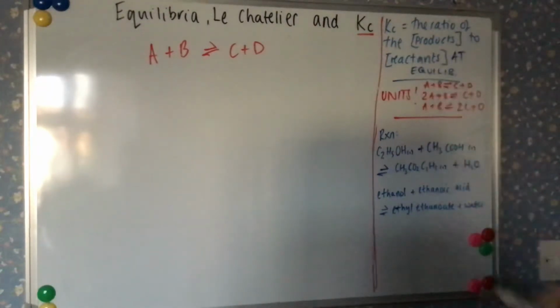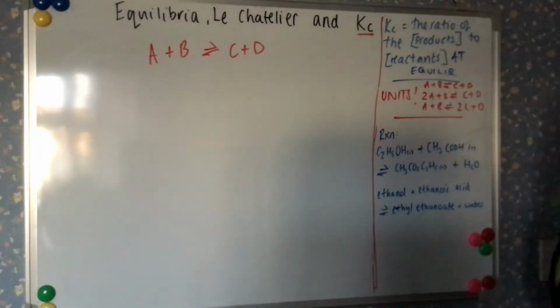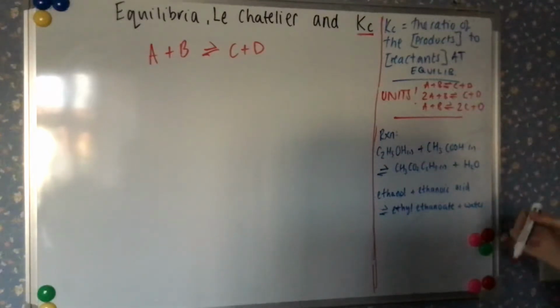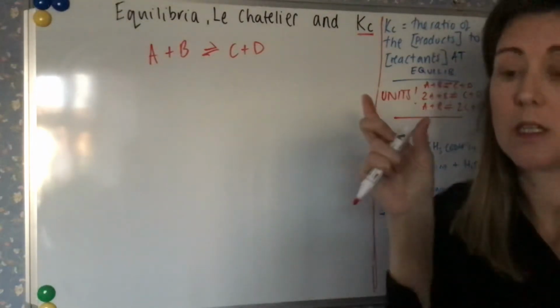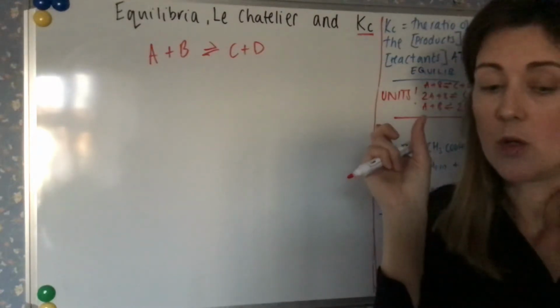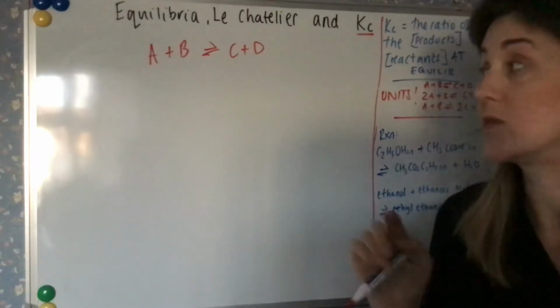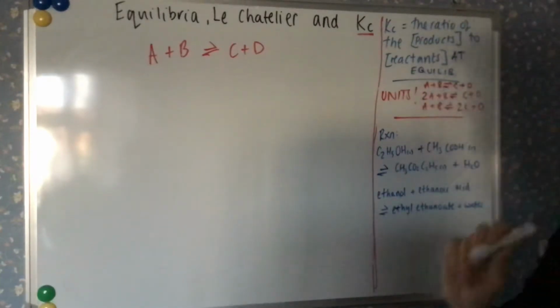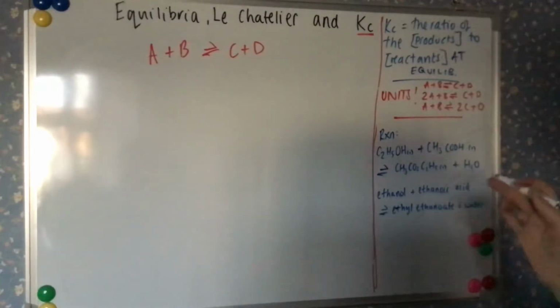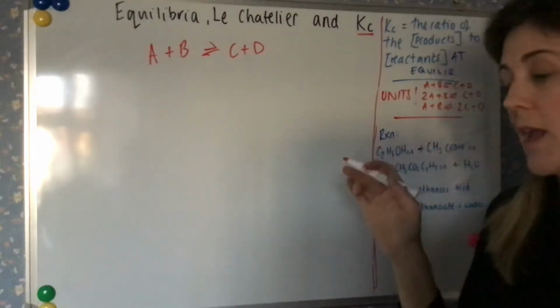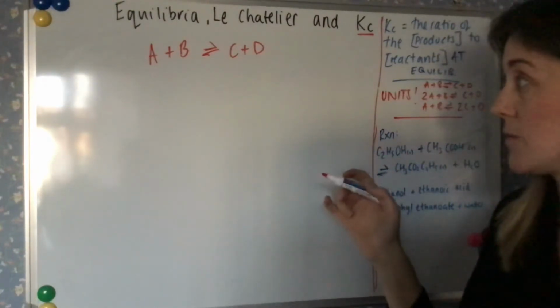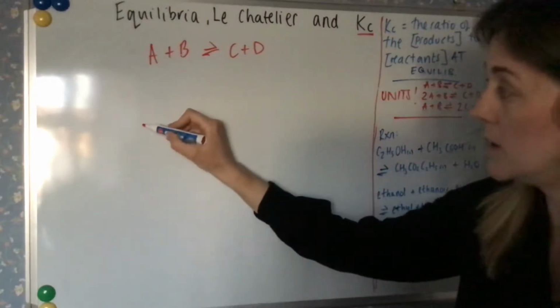Now, Kc is the ratio of the concentration of the products to the concentration of reactants. So you need to remember to put all of your different chemicals in square brackets if you're talking about concentrations, not round brackets. It has to be square. You could be penalised in your exam if you use round brackets. So I'll show you.